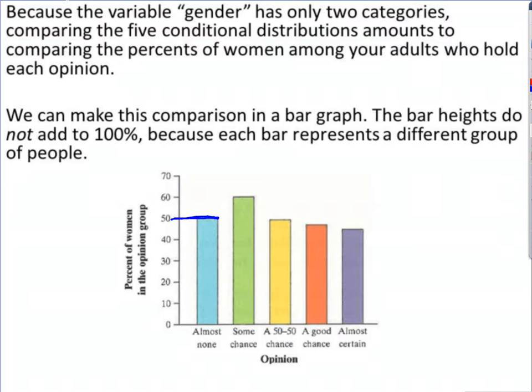Of the people who said there was some chance, that's about 60% of them. Almost certain they were going to get rich, we already said was around 45. So we are just comparing, of the opinions, what percent of them were held by women. So the highest opinion for women was some chance. There was a definite higher proportion of women who said that than men who said that.